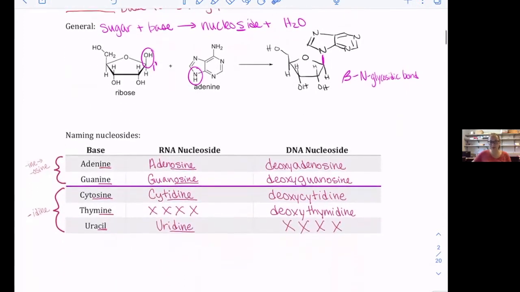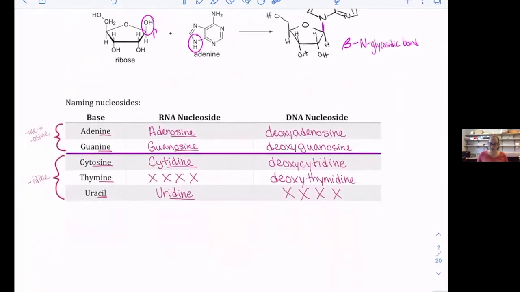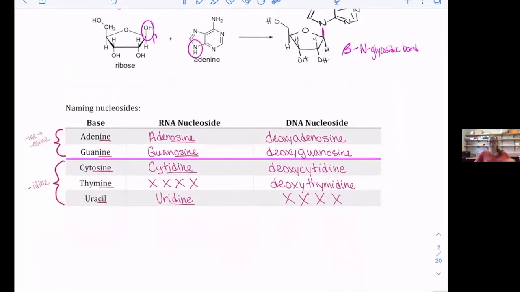So naming nucleosides is a little bit tricky in terms of remembering what things go with what. The base names have INE at the end, except for uracil, which is CIL. Why it's different, I don't know.